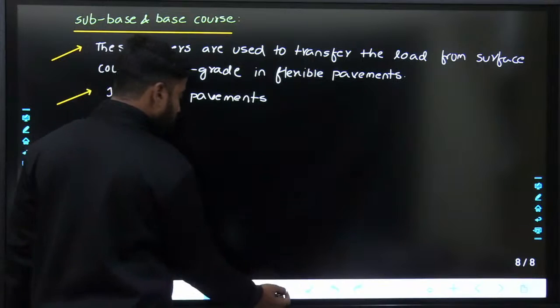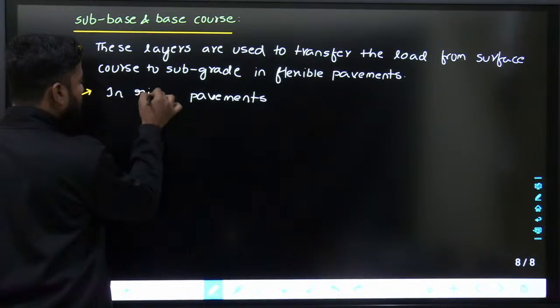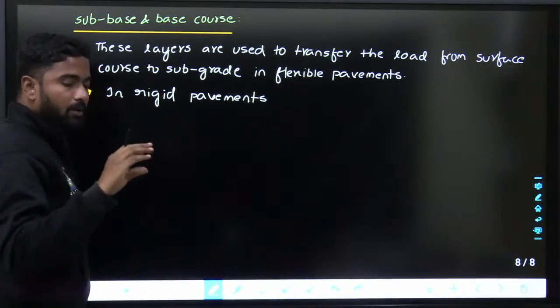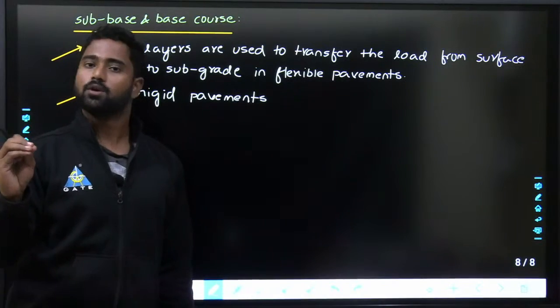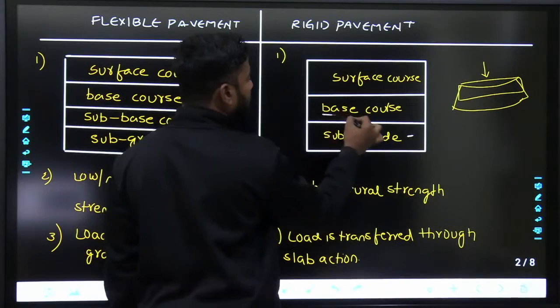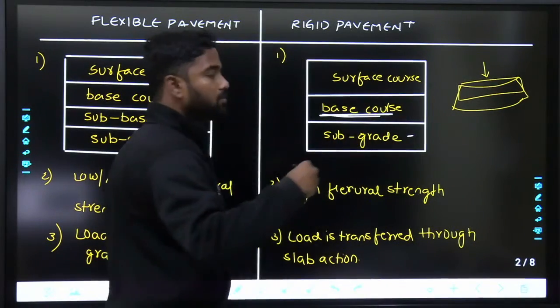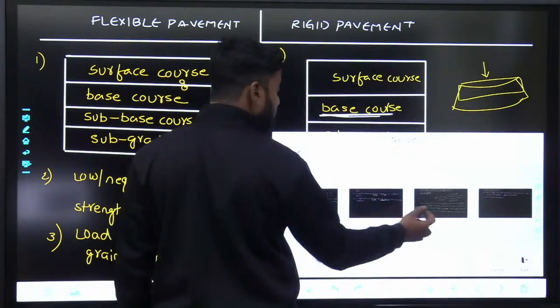In rigid pavements, not flexible pavements. In rigid pavements, there will be base course that is provided. It can also be called as sub-base course. This one can be called as base course or it can also be called as sub-base course. So don't worry about it. In the examination, both mean the same.